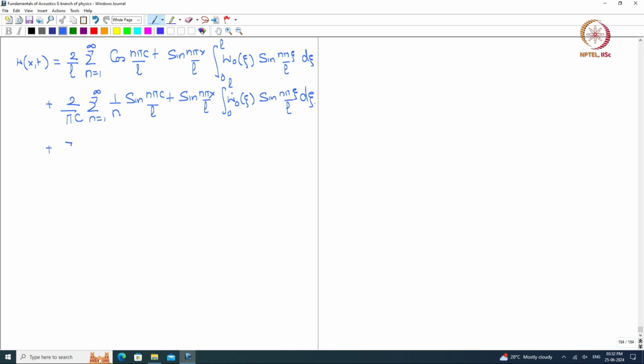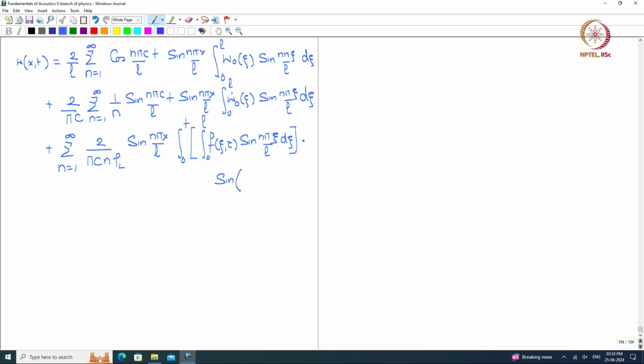plus summation n equal to 1 to infinity twice by pi c n rho L sine n pi x by L integral 0 to t integral 0 to L f of xi comma tau sine n pi xi by L d xi into sine pi c n by L (t minus tau) d tau.